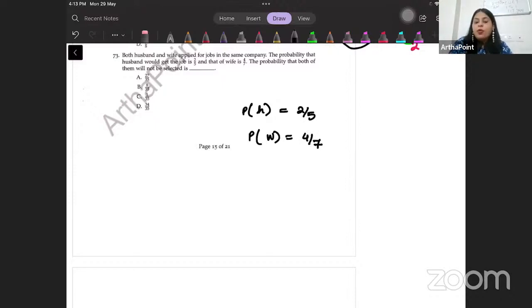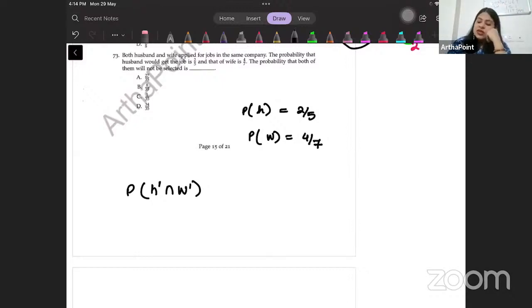So I want that husband should not be selected and wife should also not be selected. But husband and wife getting selected is an event which is independent. Whether I get selected or not in no way affects whether you get selected or not, right?